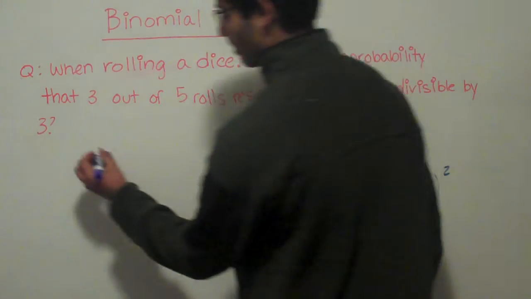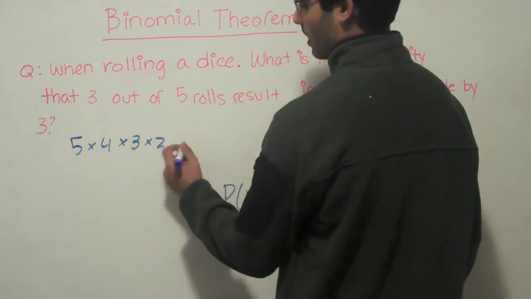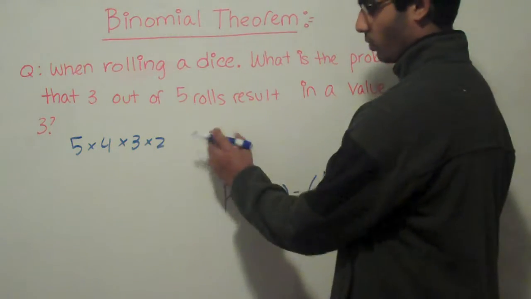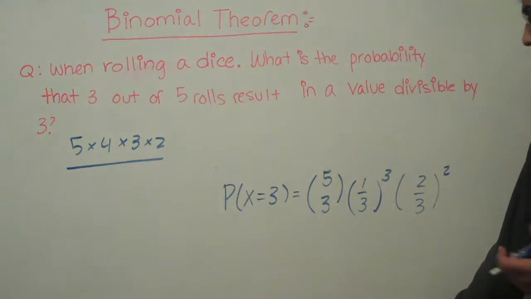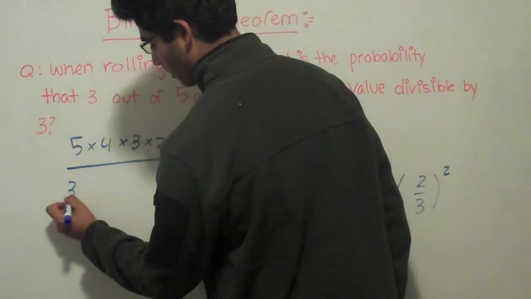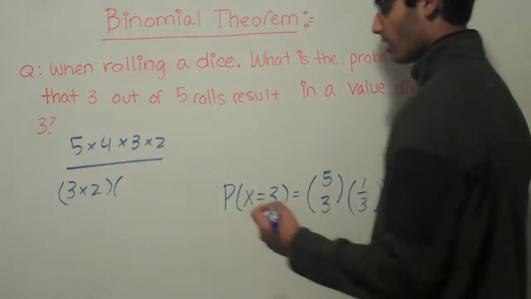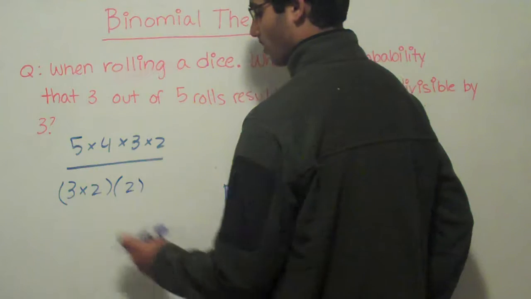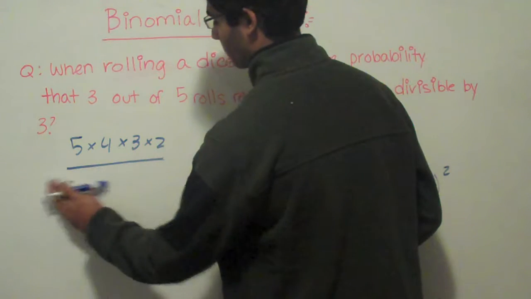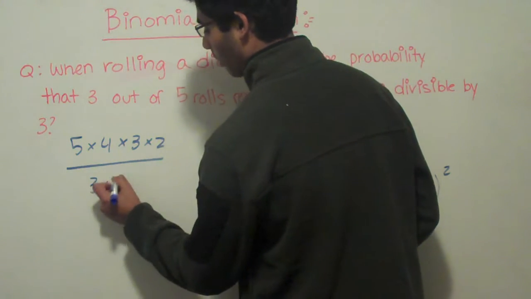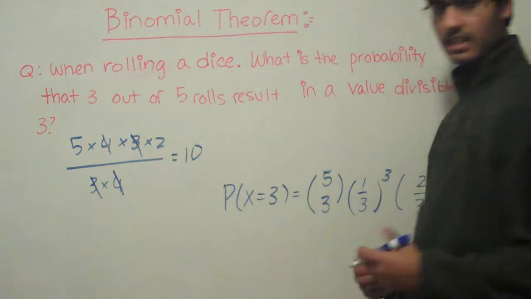This becomes 5 times 4 times 3 times 2, which is 5 factorial, and we could write times 1, but that's useless, divided by 3 times 2, and multiply this denominator by 5 minus 3, which is 2 factorial, or just 2. So 3 times 2 times 2 becomes 3 times 4, and 3 times 4 will cancel out, which gives us a value of 10. See, it's not that hard.